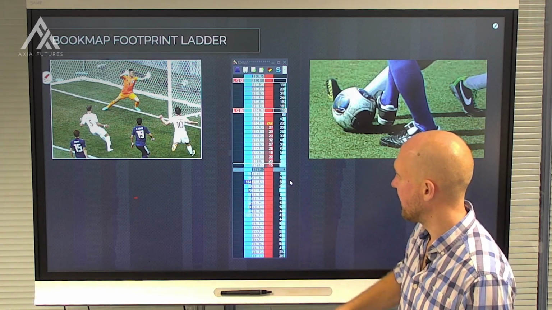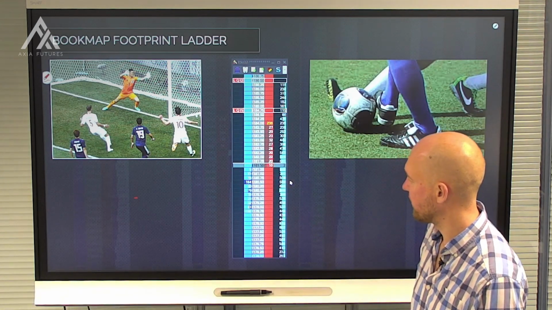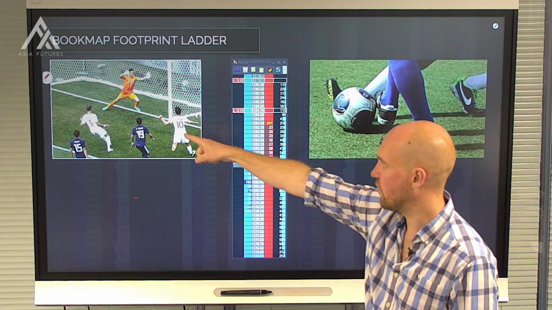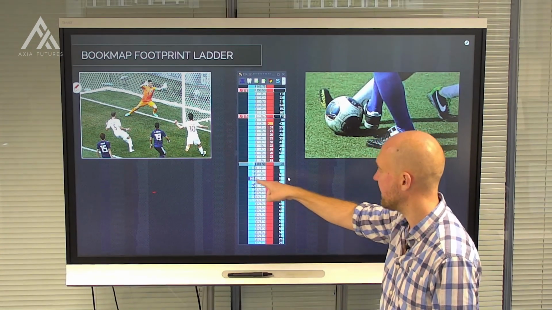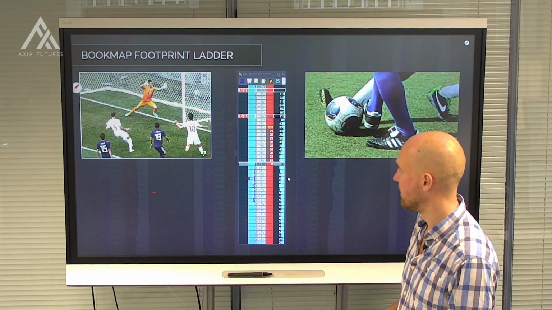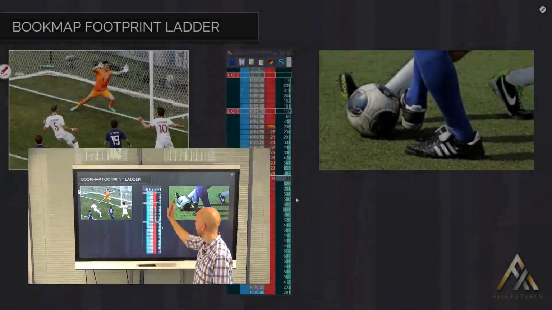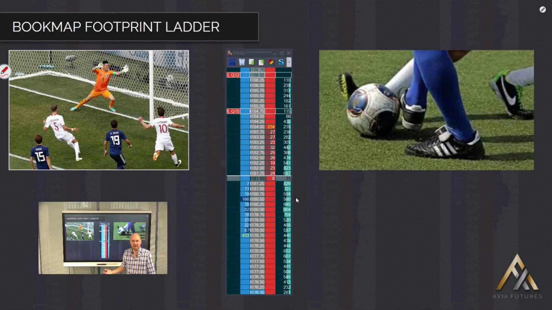There you go, for example, 100 plus lots in the S&P. That would show up great on a Bookmap, but you cannot see that if you're looking at a footprint, because this is like a player standing off screen here. You don't know whether they're going to do anything or not. The Bookmap shows them, but the Bookmap doesn't show you where the price is or how hard the ball's being kicked.